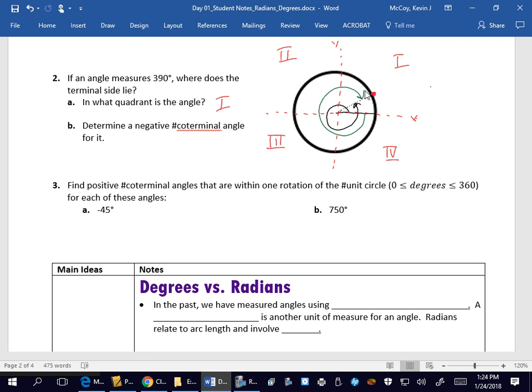So if this angle in here is 30 degrees, then that means that the coterminal angle, if I start at the initial side that I started off at, is 360 minus 30, which is going to be 330 degrees. But again, it went backwards, so it is a negative value. So it's negative 330 degrees. Okay, hopefully that is making sense.